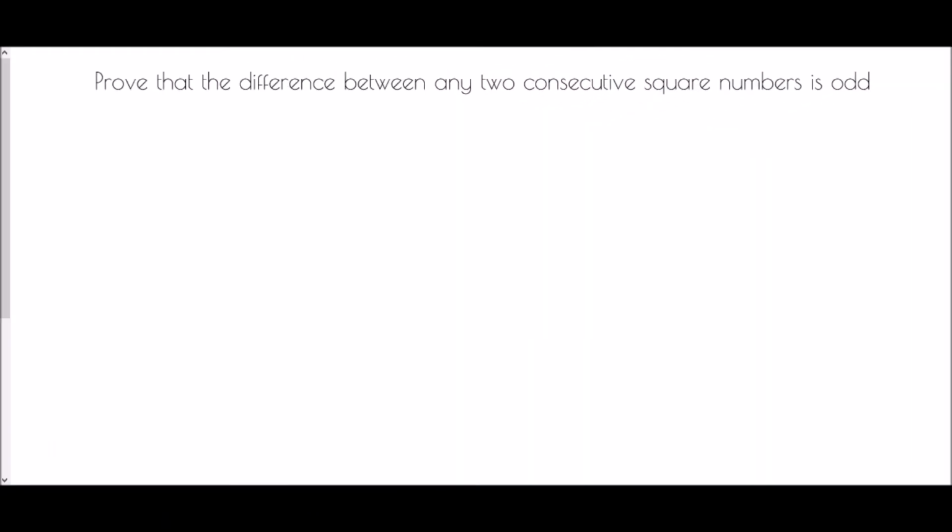Next, prove that the difference between any 2 consecutive square numbers is odd. Well, again, we have the word proof, so we need to make sure that we use some algebra. We have difference, and so we have difference being subtraction, and any 2 consecutive square numbers. So how would we show that we've got a square number?